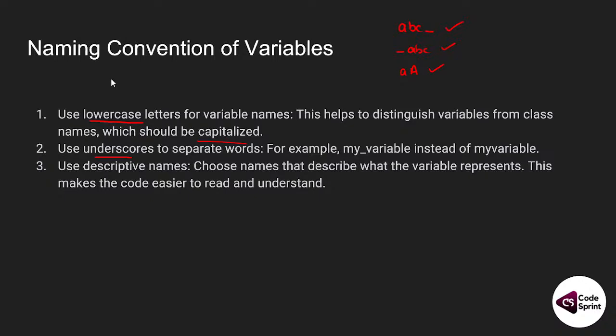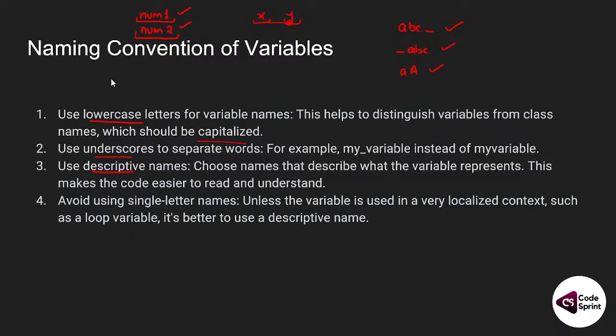Always try to use a variable name that tells the reader why you have given this name. Like I have said x and y, it could be anything, but if I say num1 and num2, it is quite a good one, because you are saying it is number 1 and number 2, so it is quite descriptive. You should not use single letters.